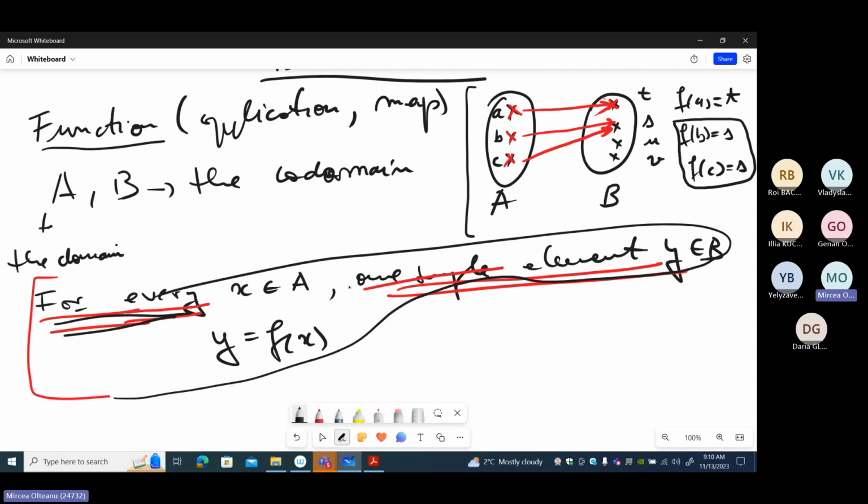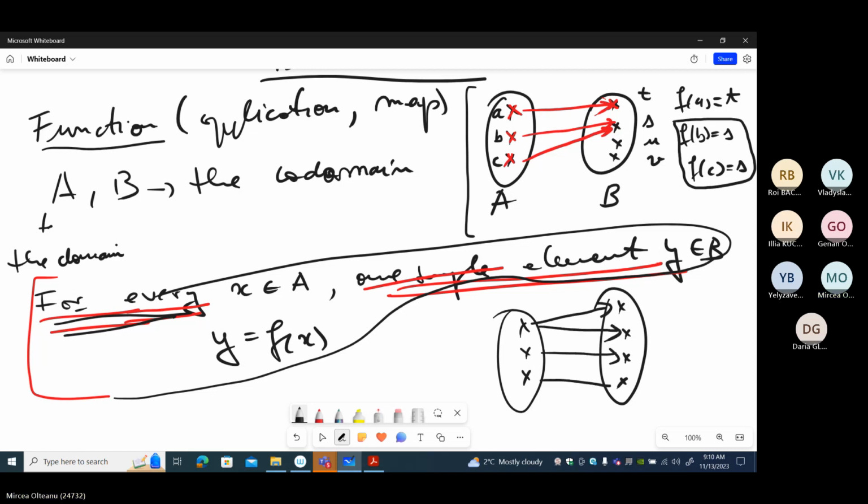It doesn't satisfy the definition, for example, in the following picture, which is obviously not a function. For example, this is not a function because for this element, we associated two elements in B, and we need to associate one single element.